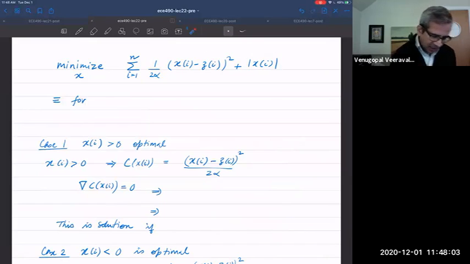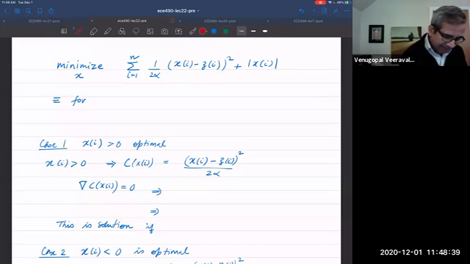But if you look at this, I'm trying to minimize this over all the components of x. But each term in the summation only depends on one of the components of x, xi, right? And these terms in the summation are all non-negative. So minimizing the sum of these non-negative terms, where each component is controlled by a separate variable, is equivalent to minimizing each term in the sum separately.